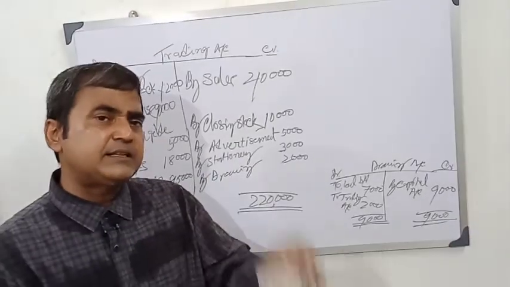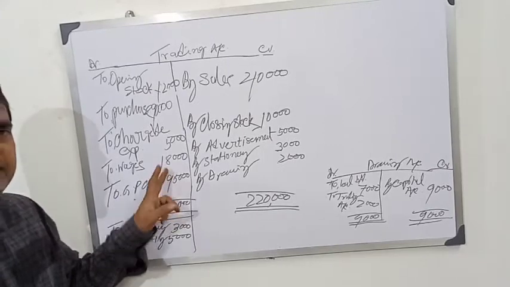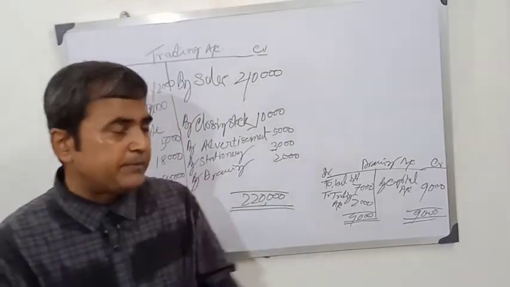Apart from this, there could be, like, wages includes 5,000 paid for installation of machinery.